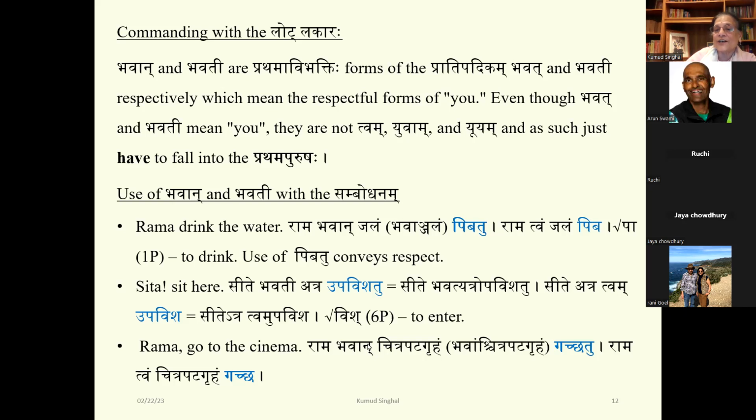Then this na is replaced by an anuswara and a sha. This was in the 11th verse of the Bhagavad Gita, where the teaching starts; this sandhi is used. So na followed by a cha will be replaced by an anuswara and a sha. That's why you have this sandhi here.